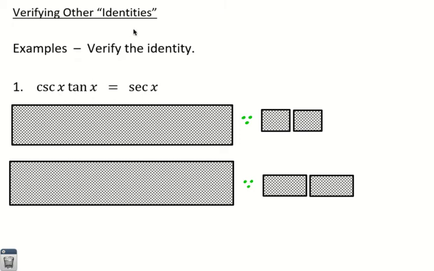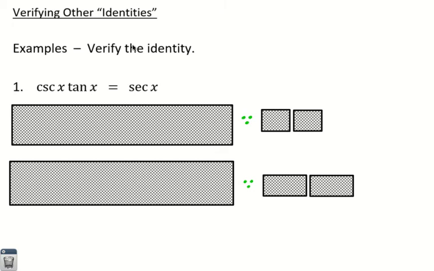And basically, here's what we're going to be doing. In practice, all we have to do is somehow, some way, whether it's using the fundamental identities or some other algebraic trickery, rewrite the left side and or the right side until the left side and the right side literally say the same thing.